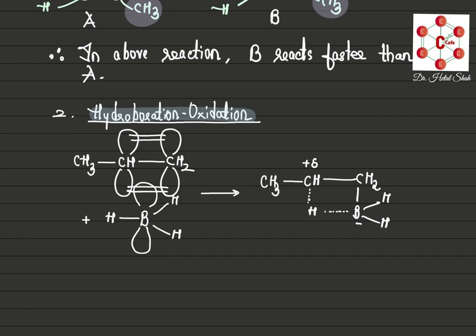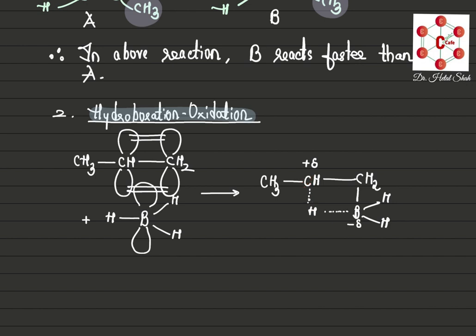And boron, which was completely negative, now becomes partially negative. Why? Because some electron density is transferred. The electrons have been shifted. This bond is on the verge of breaking. So the electrons are being shifted towards this carbon. And that is why this happens.